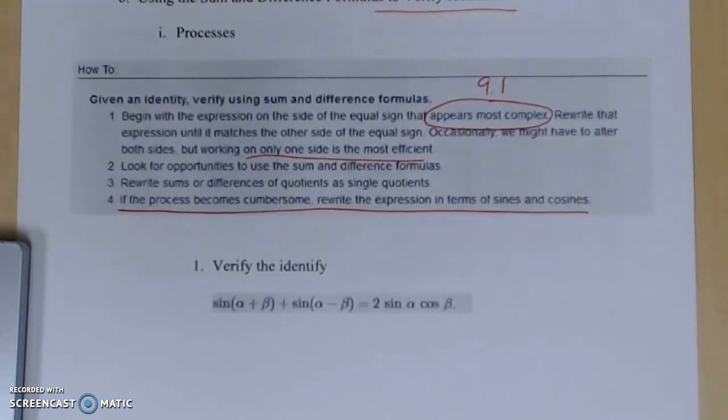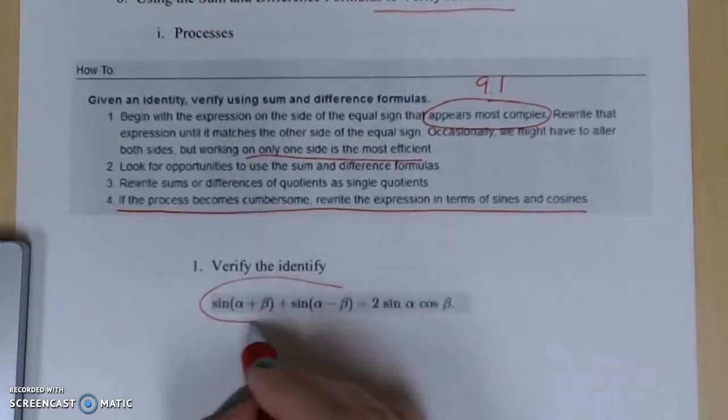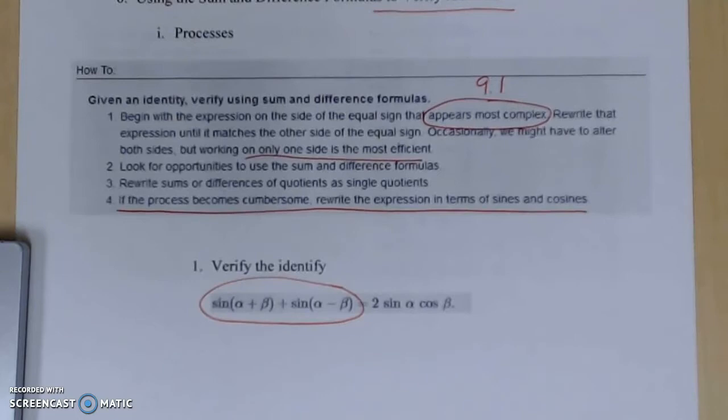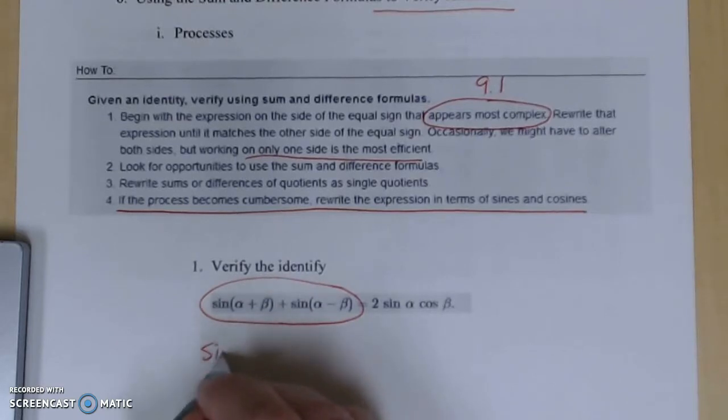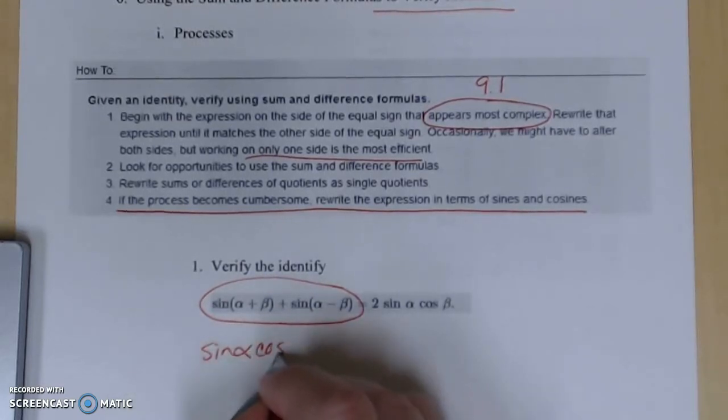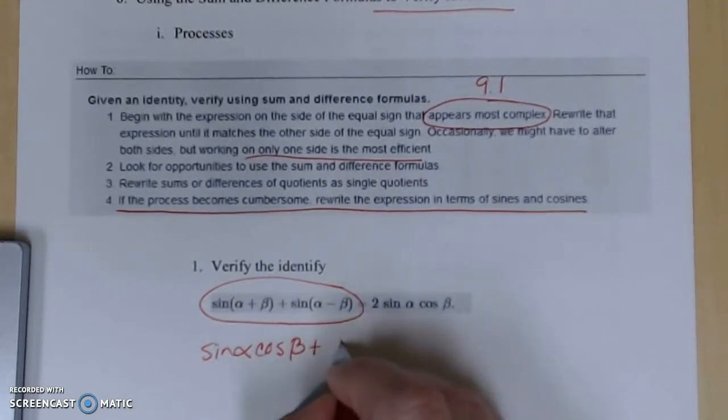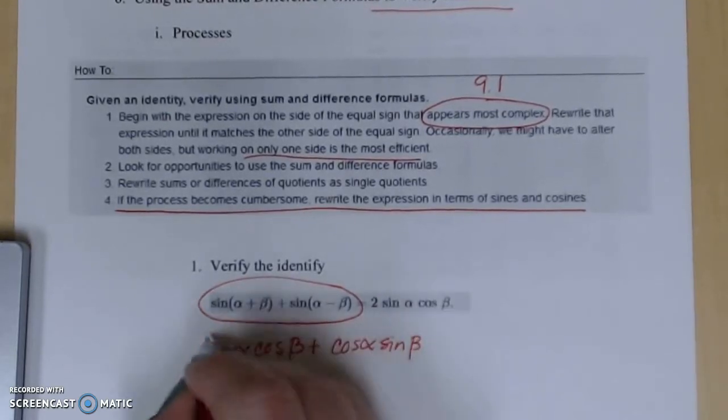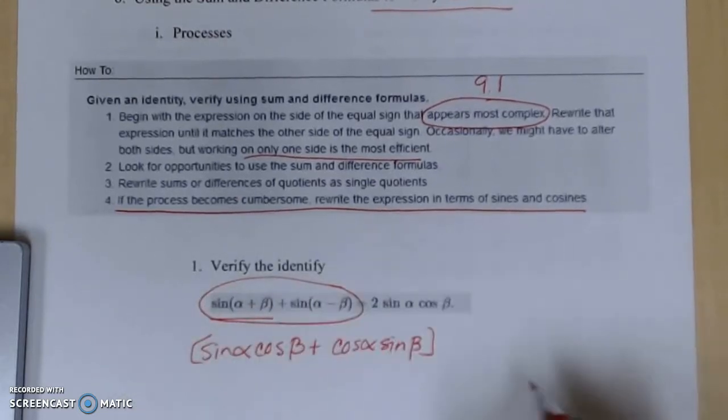It says verify the identity. So what I'm going to do, similar to 9-1, is start on this side. One, it looks a little bit more complicated, and two, I know the identities for these. So for sine of alpha plus beta, I'm going to say sine alpha cosine beta plus cosine alpha sine beta. That is this first identity here.